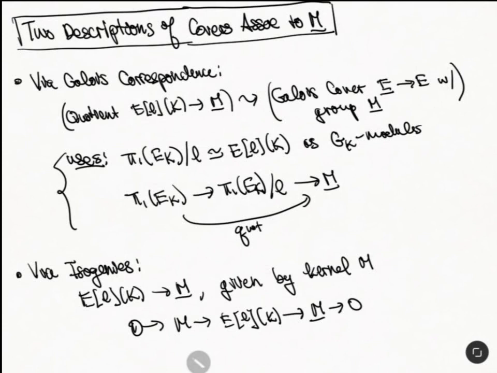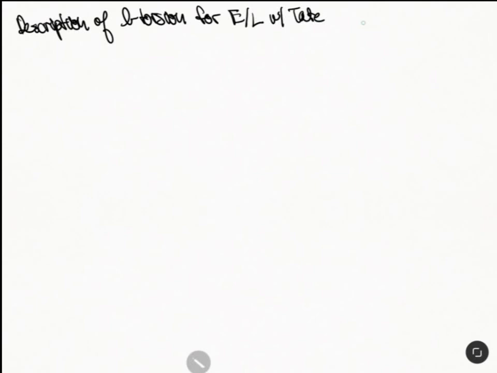So I want to talk about how to pass this to tempered fundamental groups. There's this part here that I'm going to come back to in a second. So let me just say the description of the L torsion. Split multiplicative reduction is equivalent to having a uniformization.